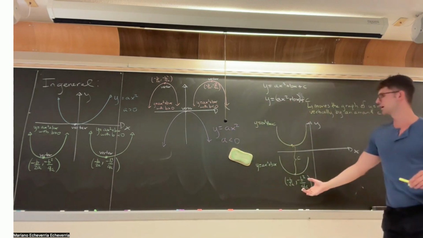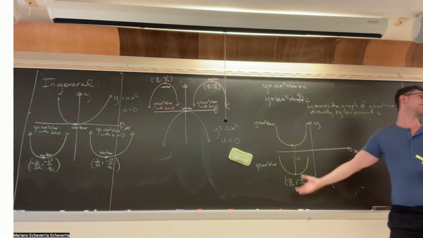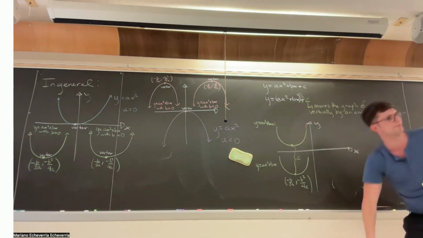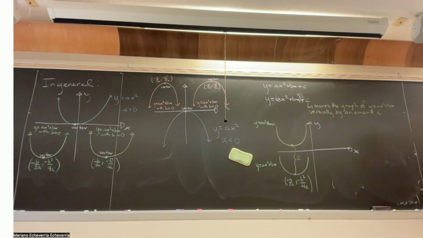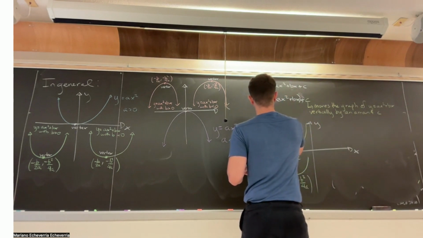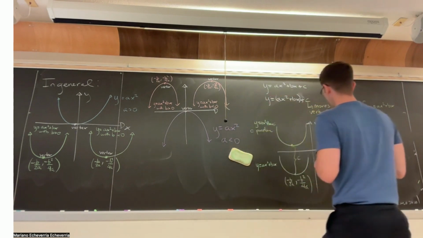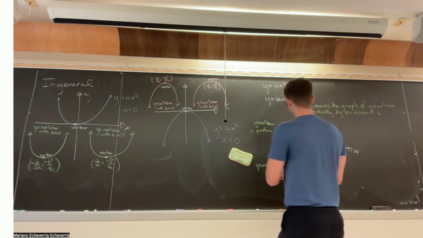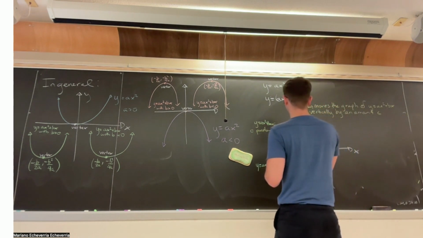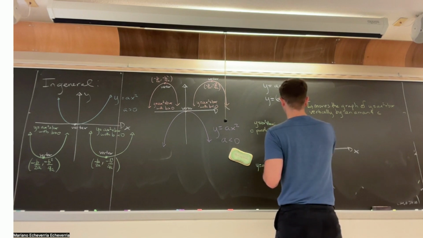So you just do an upward shift of the graph if c happens to be positive. If c is negative, then you bring the graph down. This is for c positive. This point still has the same x coordinate for the minimum, but the y coordinate just moves by an amount.